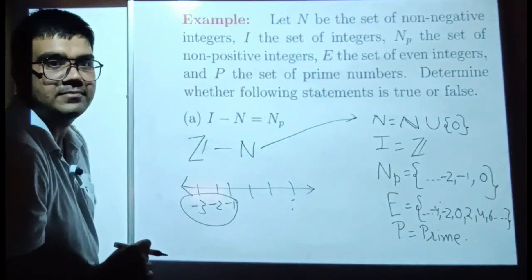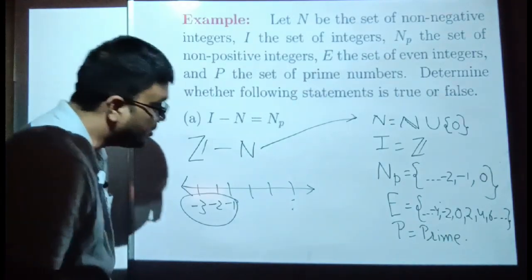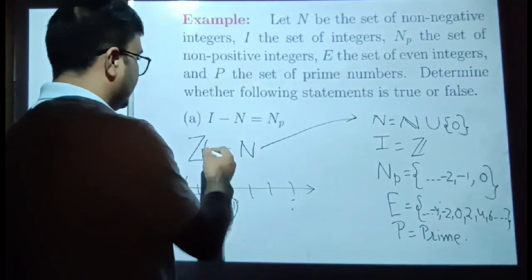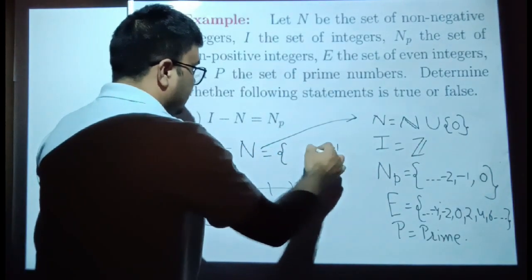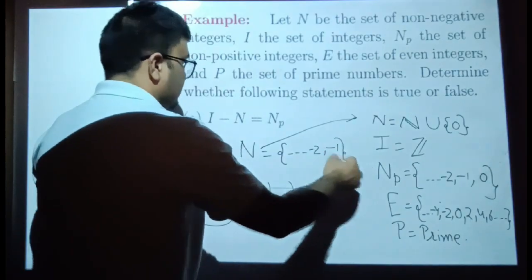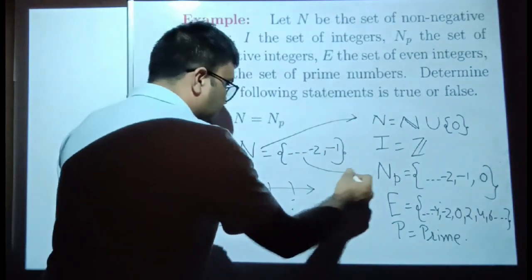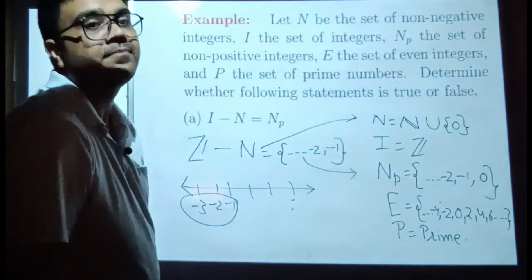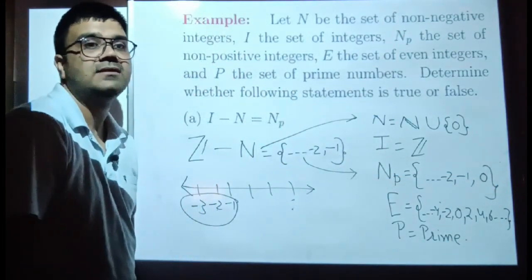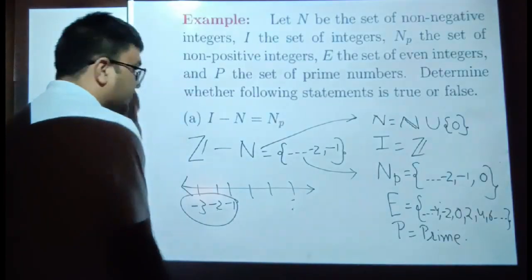No, this is not true, because the set we are left with is -1, -2, and so on. This is not NP because NP has the element 0.